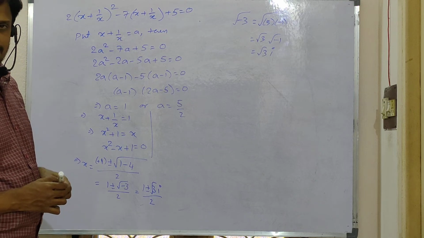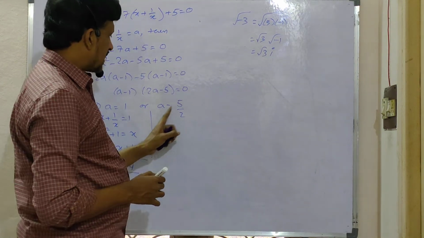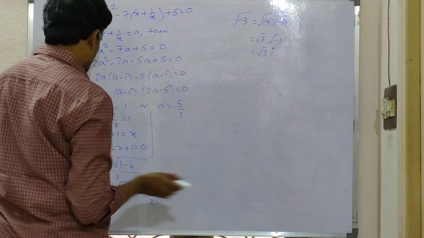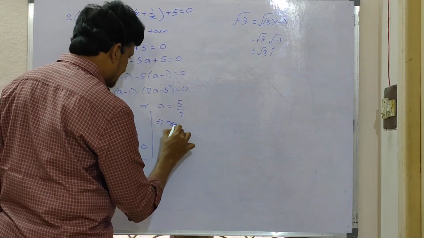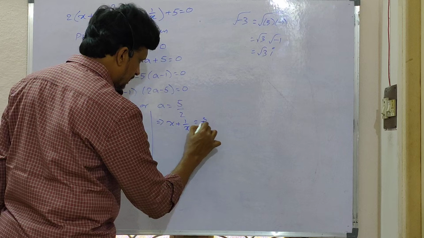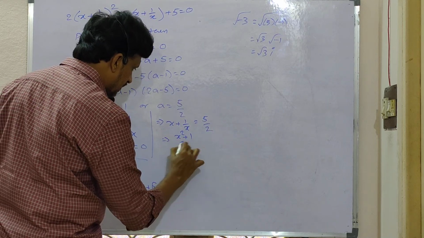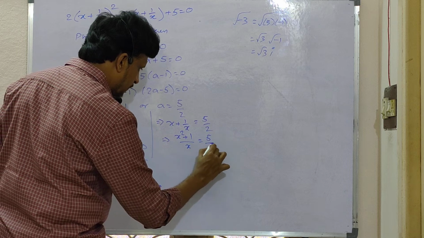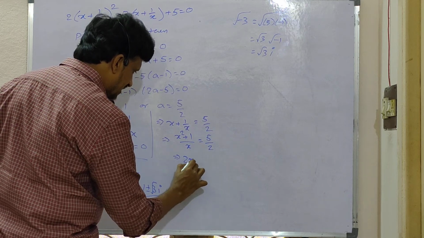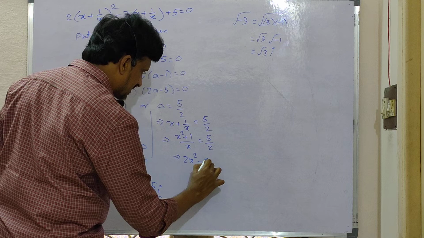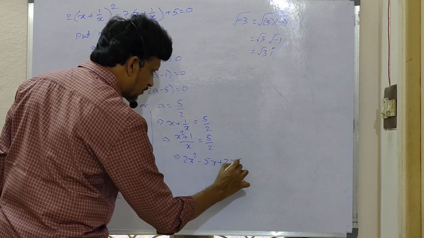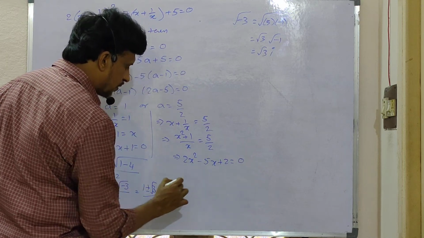These two are imaginary. And now consider a is equal to 5 by 2. A means x plus 1 by x is equal to 5 by 2. So take the LCM, x square plus 1 whole by x is equal to 5 by 2. Cross multiplication gives 2x square minus 5x plus 2 is equal to 0. 4 plus 1, 5.